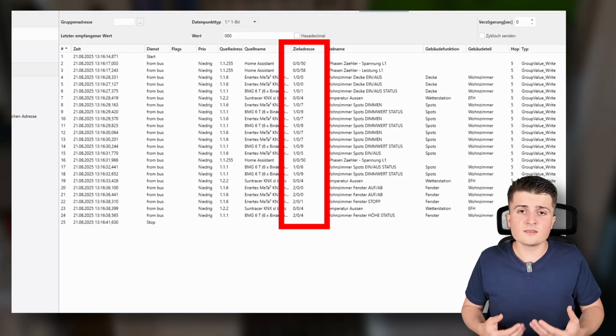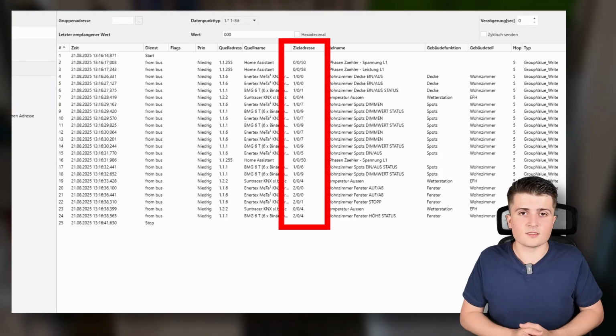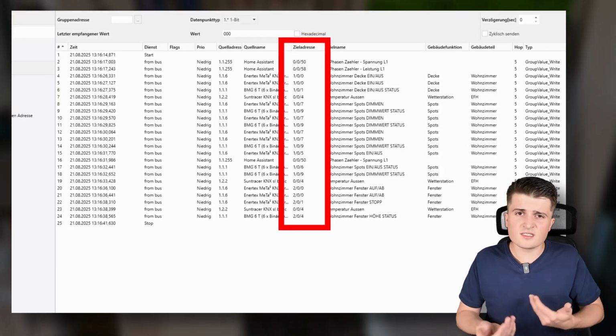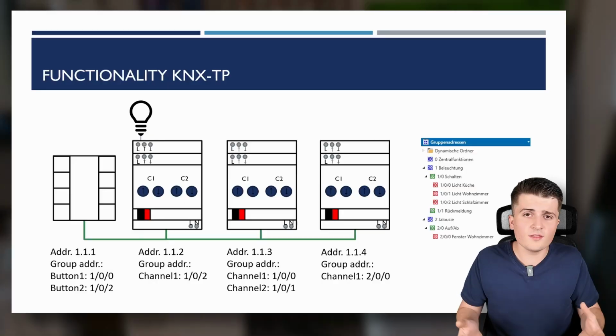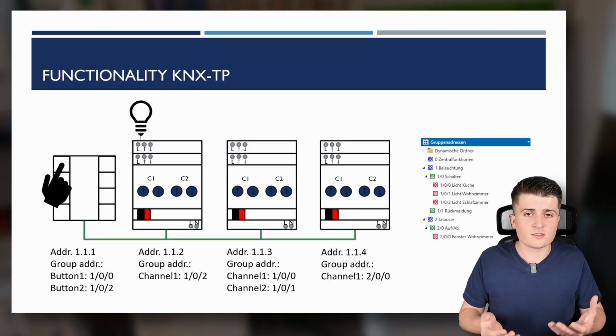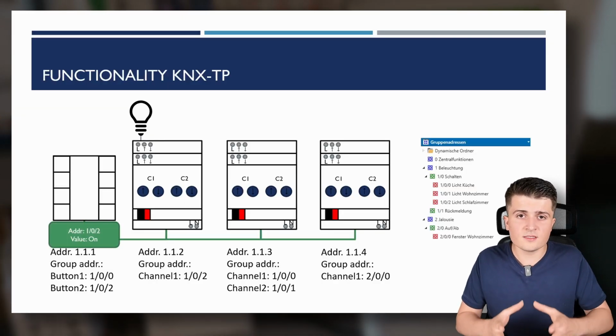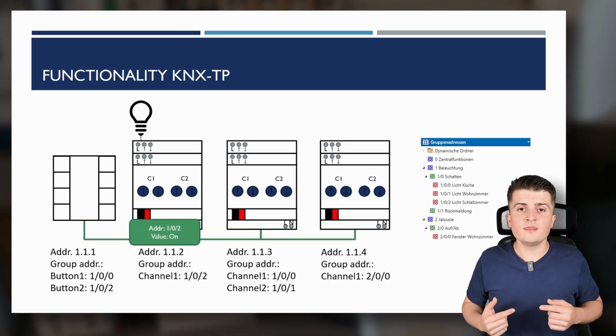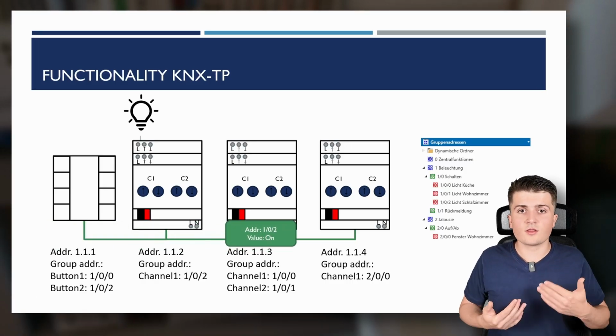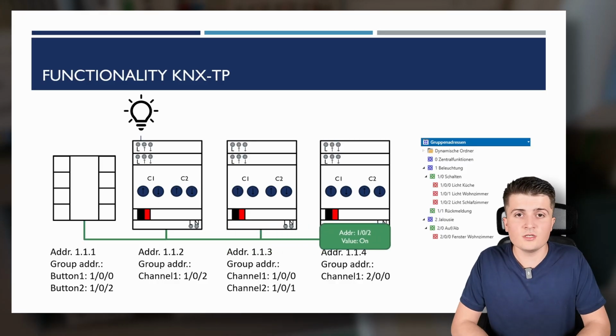That means that this is a so-called multicast message, or in this case even broadcast, because all the devices on the twisted pair installation receive this telegram. And then they decide, based on the group address and their parameterization, if they have to react to it. So this is basically how KNX twisted pair works.